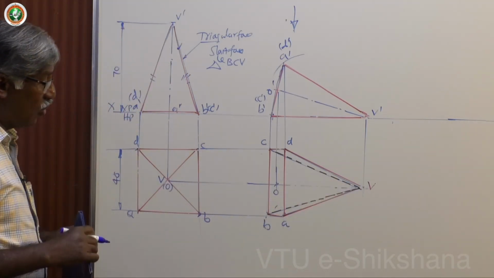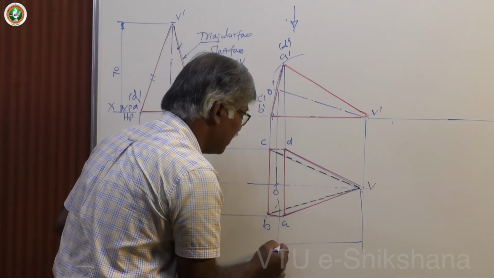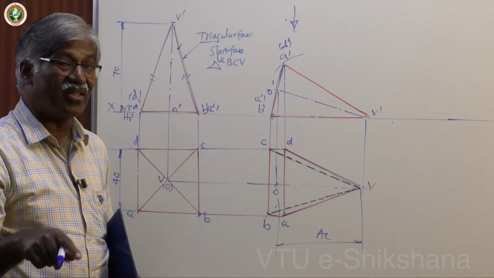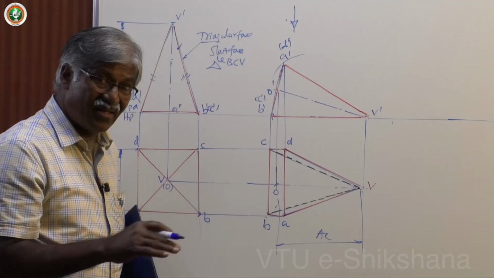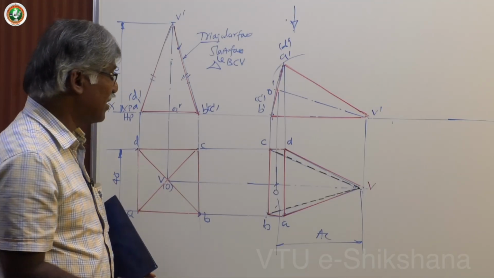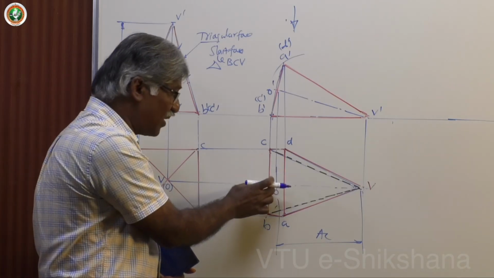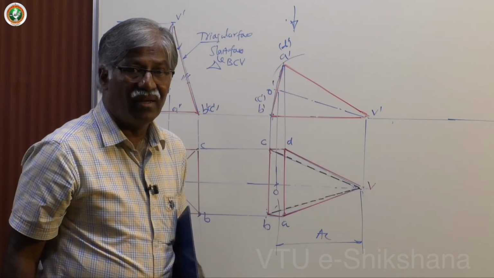Now, OV is the apparent length. Since he has given the axis itself for the inclination to VP, I am concentrating on that. Suppose he says the base edge on HP is inclined at some degree to VP. Which is the base edge on HP? BC. BC is true length and true inclination. You redraw this figure such that BC is inclined at some degree to VP and get the corresponding front view.